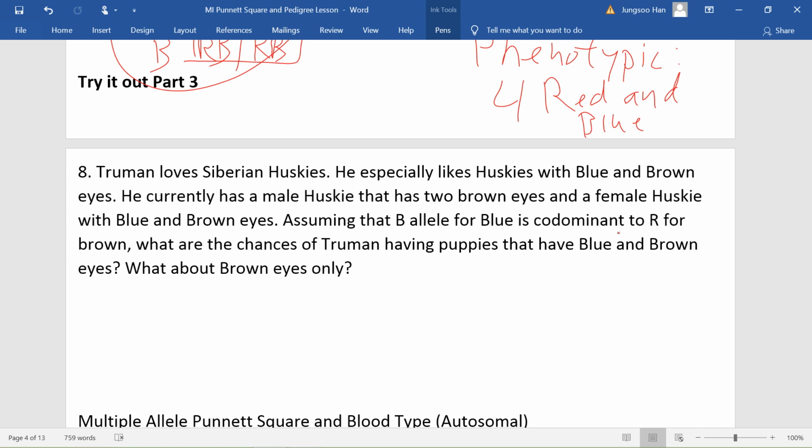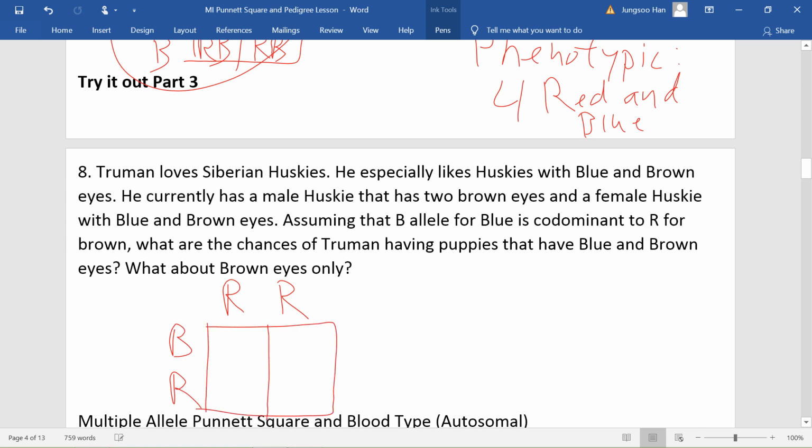Okay, so now let's solve the problem. So he has a male husky that has 2 brown eyes, right? So that means the alleles for that male husky is big R, big R. Okay, and then he has a female husky with blue and brown eyes. So that means she has one big B allele and one big R allele.